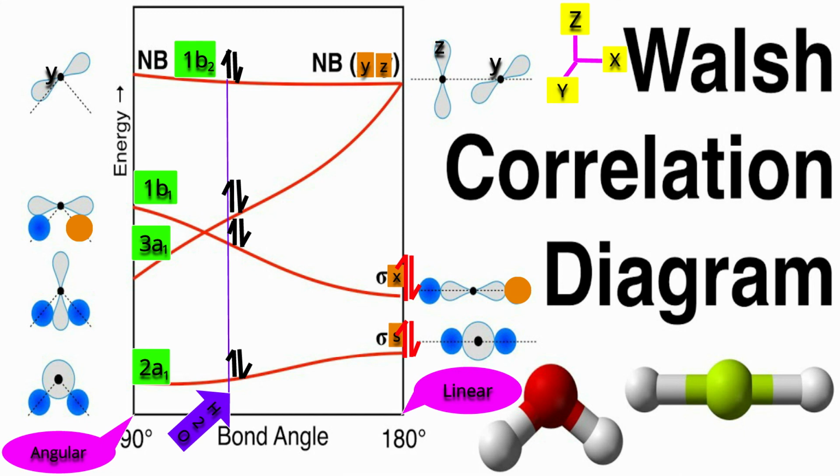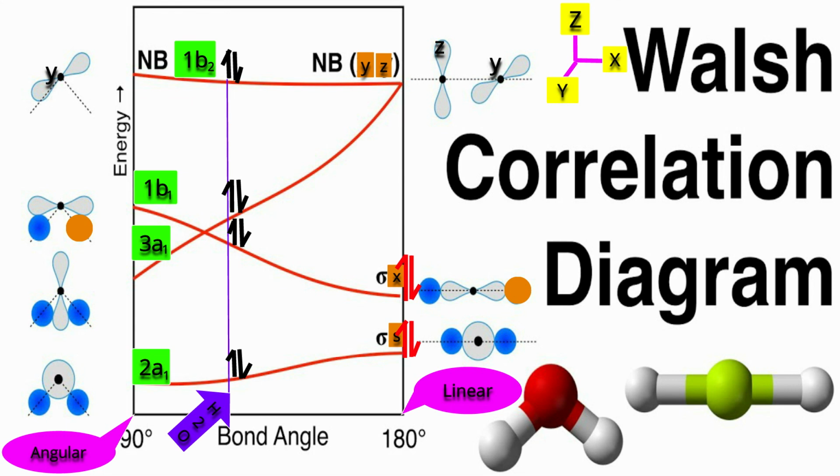And if the bond angle is higher than 104.5 degree, then from a stability point of view, it is less stable. The reason is that there is a chance for the 2a1 orbital to decrease and the 3a1 orbital to decrease.